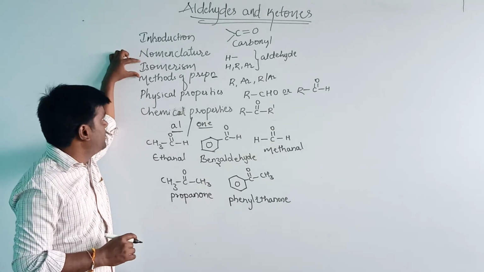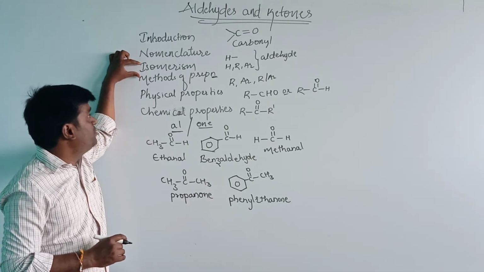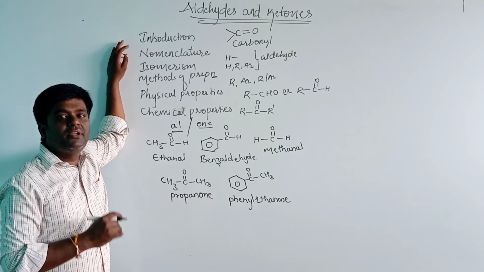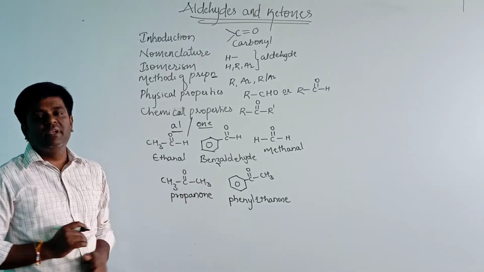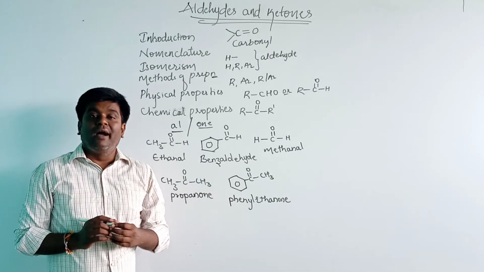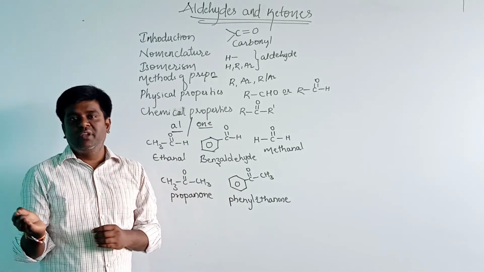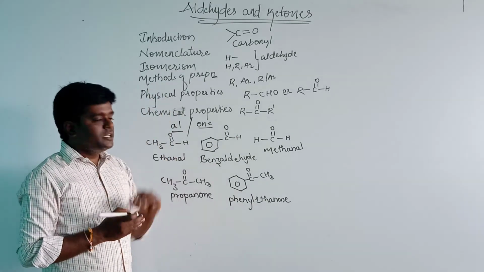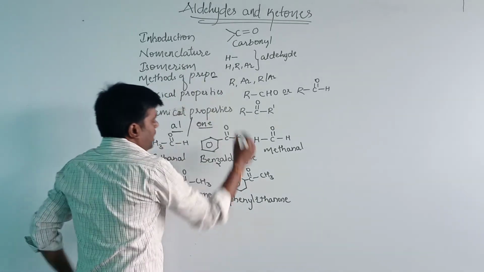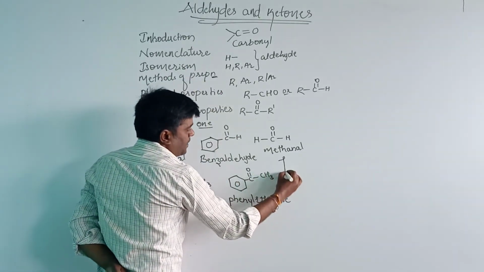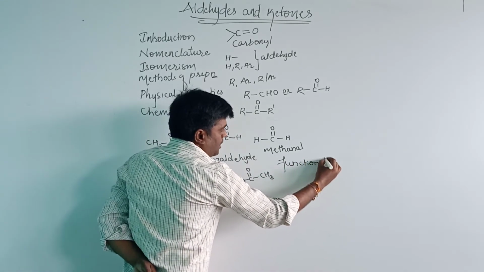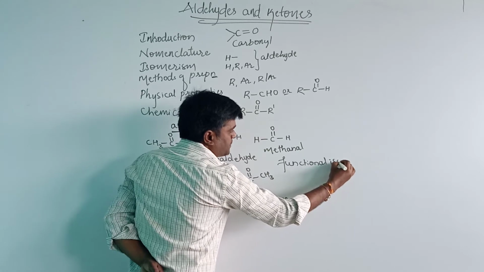Isomerism means the compounds having the same molecular formula but differing in physical and chemical properties are known as isomers, and that process is known as isomerism. Here the aldehydes and ketones will show functional isomerism.